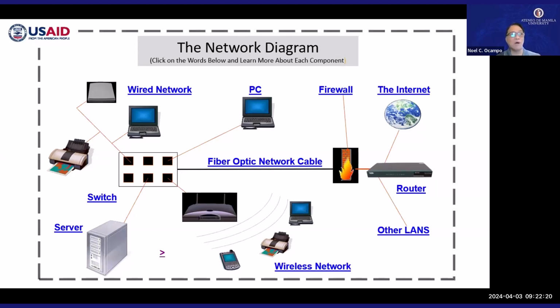Maybe you have a Wi-Fi wireless connection in your laptop, so you will have to search for the nearest Wi-Fi access point so that you'll be able to connect to your corporate network. In this course, everything will be discussed: the switch, the PC, the firewall, the router, and other LAN nodes.